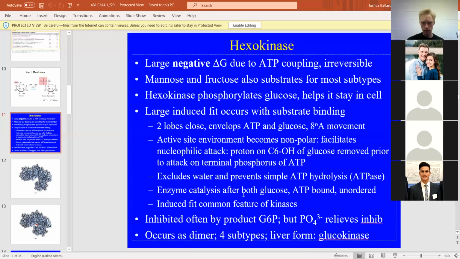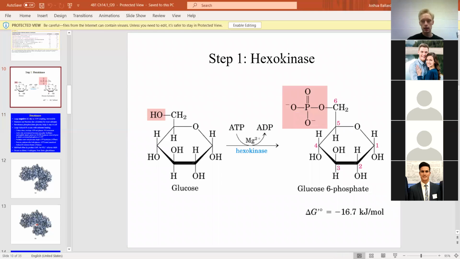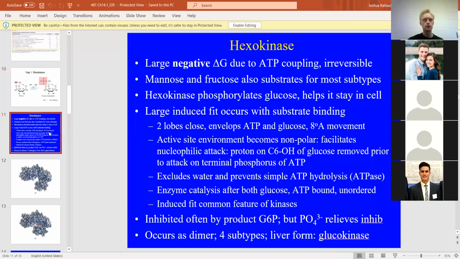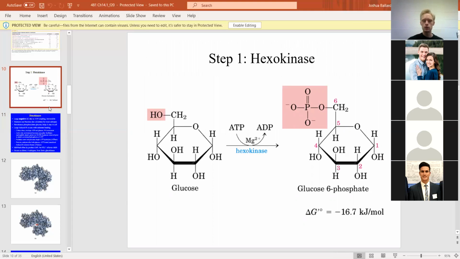Enzyme catalysis after that induced fit, common features of kinases. A key here with a lot of these enzymes, if you forget what the role of an enzyme is, sometimes you can tell what the role is just by looking at whether it's a kinase, a phosphatase, a hydrolase, an isomerase. All of those are keys to tell what function the enzyme performs.